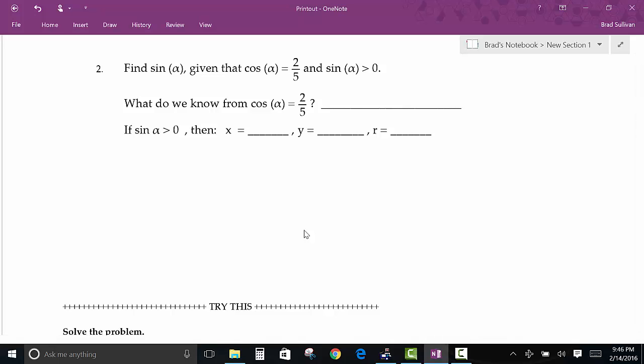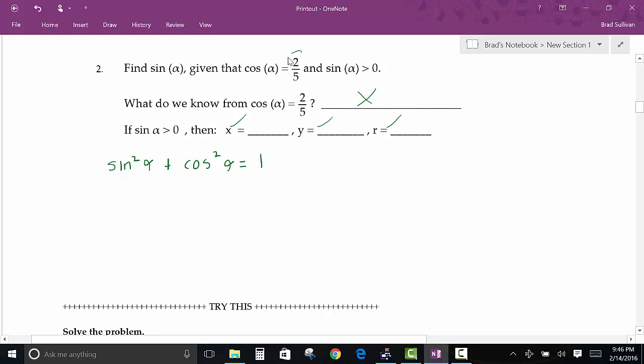Now this time I'm just going to do this a little bit differently. If I want to find the sine, and if I give you the cosine, we can just use the identity. So I'm going to write down sine squared alpha plus cosine squared alpha is equal to 1.